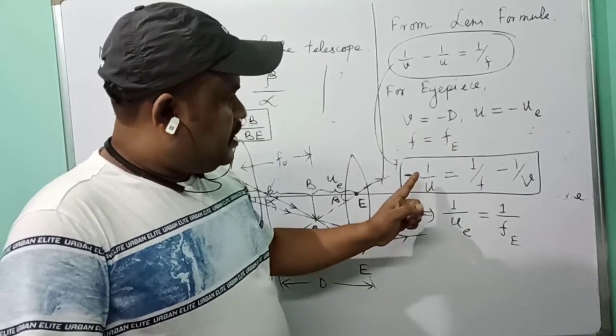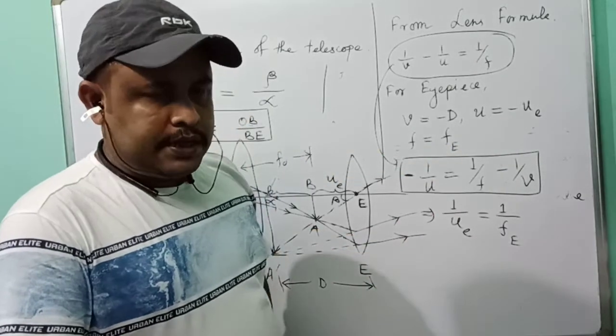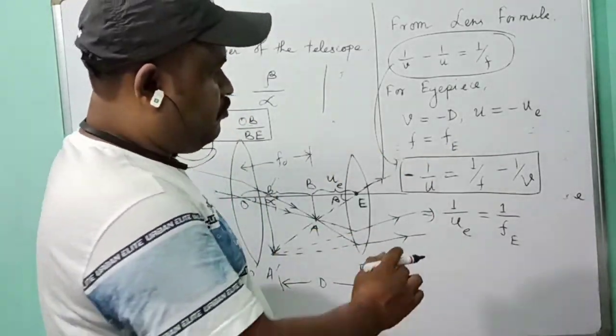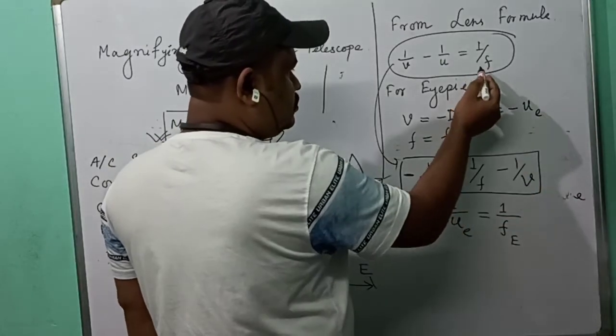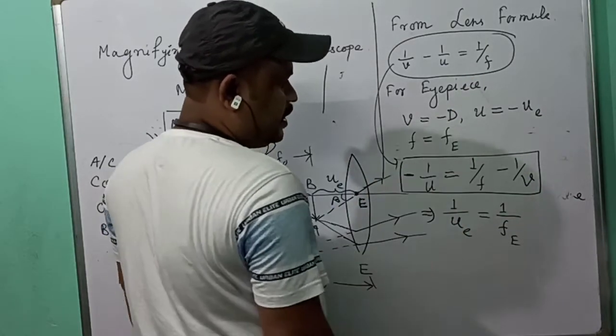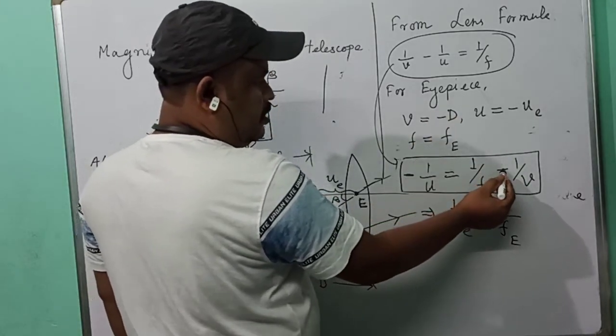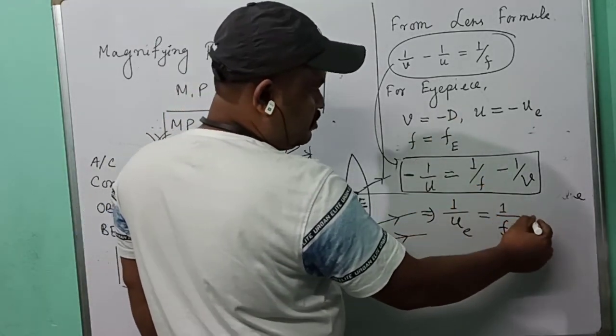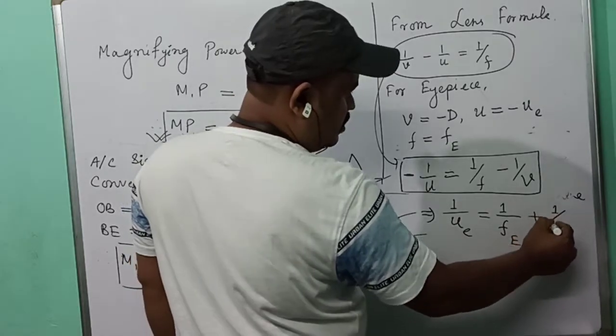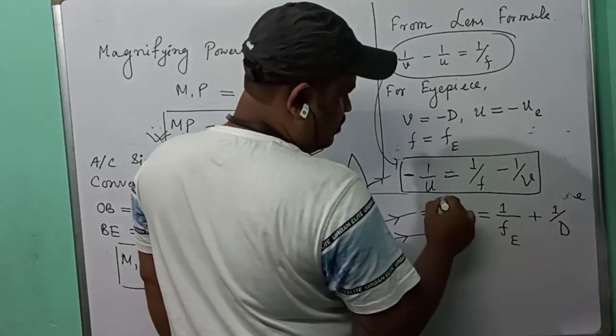So minus minus becomes plus. And V we have got as minus D, so if we replace V by minus D, then again minus minus will become plus, 1 by D.